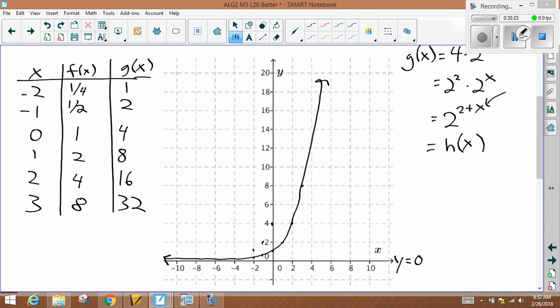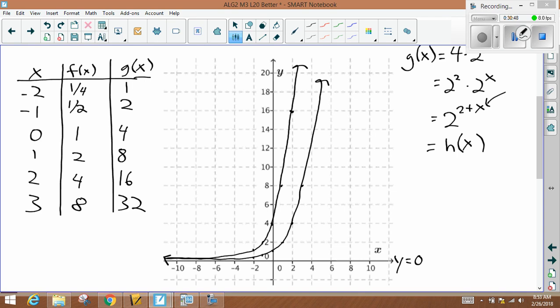At 1, we are at 8. At 2, 16. And then the last point won't fit on our graph. And we imagine that this is going to have the same behavior for very negative values of x. It's going to approach the line y equals 0 asymptotically.